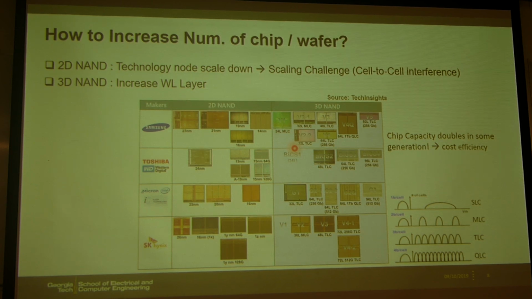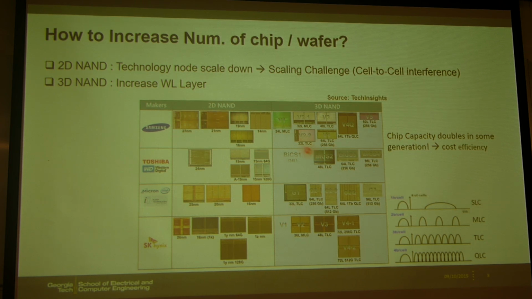So if you do not double the chip capacity and just make the word line more and more, later most of the chip area will be the peri area. So there is a proper chip capacity according to the number of word line layers, and now it is around 512 gigabit. That is the proper capacity.